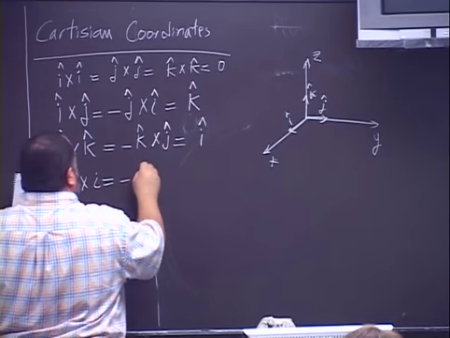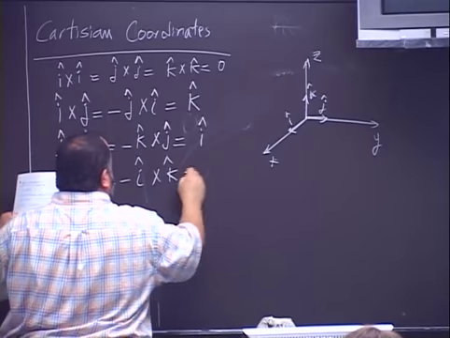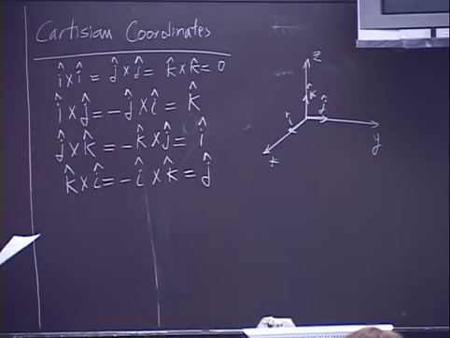This will give you a negative I crossed with K, and this will give you the vector J. Do you have any questions so far?